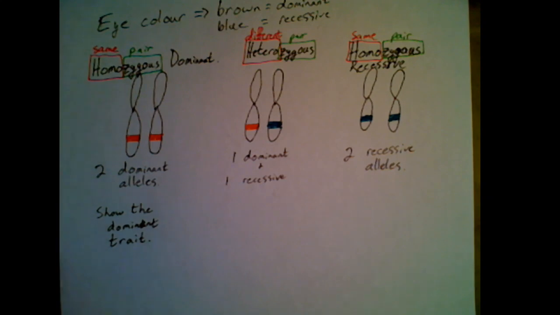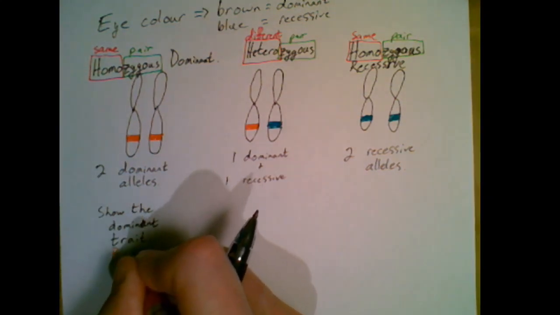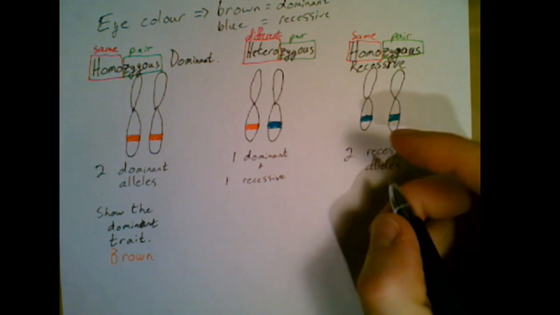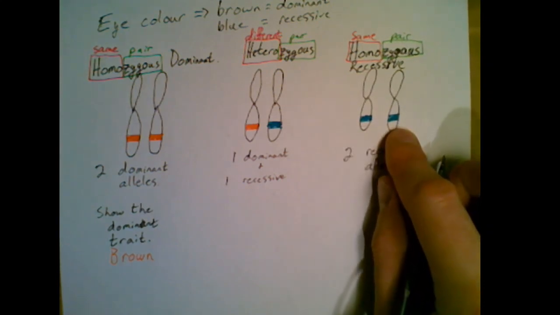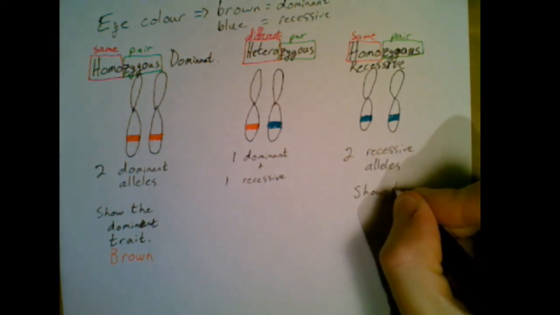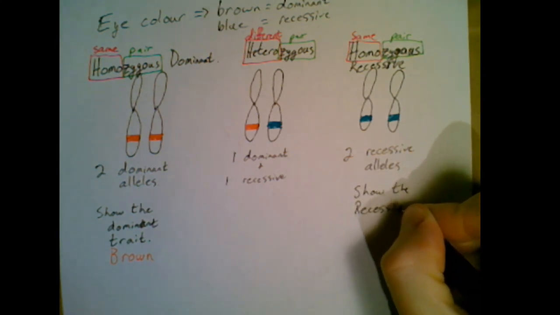In this case, this person is going to have brown eyes because brown is the dominant trait. This person, they have two recessive alleles, so they have no choice but to show the recessive trait.